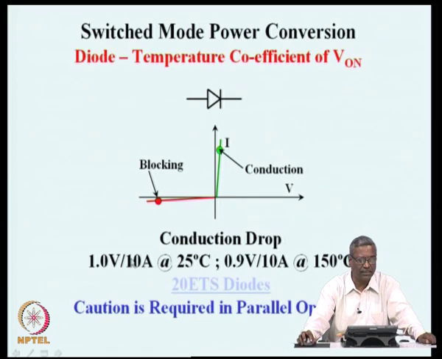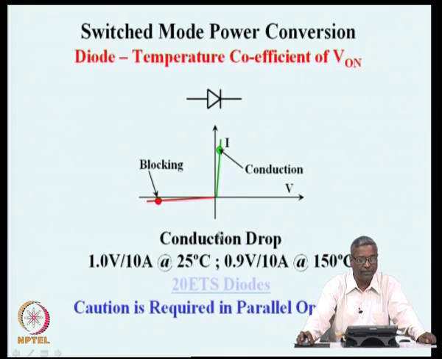So, this is a feature which is seen by the fact that as temperature goes up, for the same current the voltage drop falls. This has a very important significance, because if you put several diodes in parallel and try to pass larger amount of currents, supposing I put two 20 ampere diodes in parallel and try to use it for 40 amperes, then this temperature coefficient is an important feature.